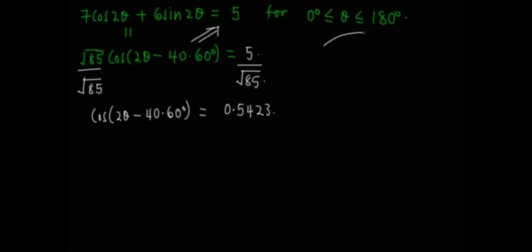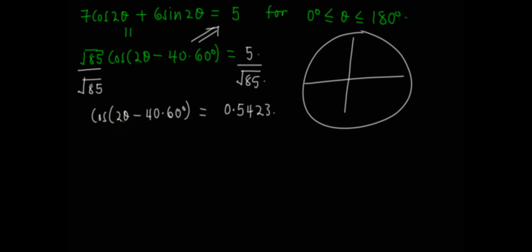Therefore, we have to identify the quadrants where cos(2θ minus 40.60 degrees) is positive. In the first quadrant, every trig ratio is positive. In the second quadrant, it is clear that cos is negative, and the same applies to the third quadrant. So we are going to find the value of θ in the first quadrant and in the fourth quadrant.